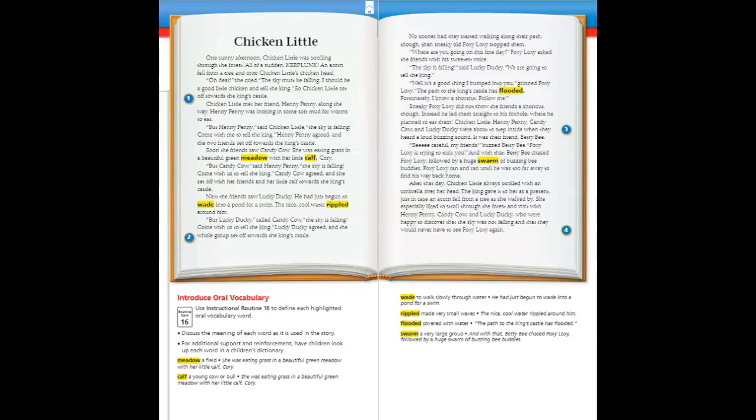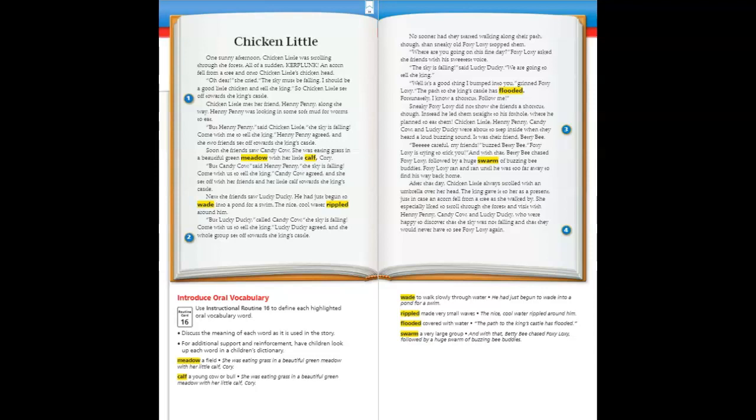Chicken Little, Henny Penny, Candy Cow, and Lucky Ducky were about to step inside when they heard a loud buzzing sound. It was their friend, Betty Bee. "Be careful, my friends," buzzed Betty Bee.